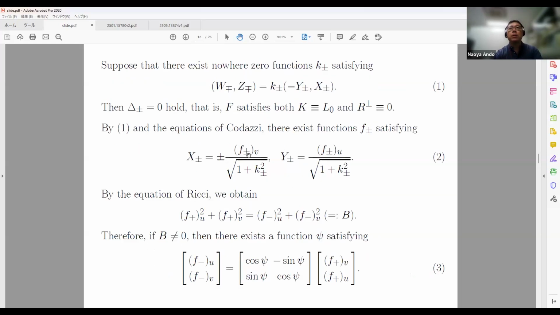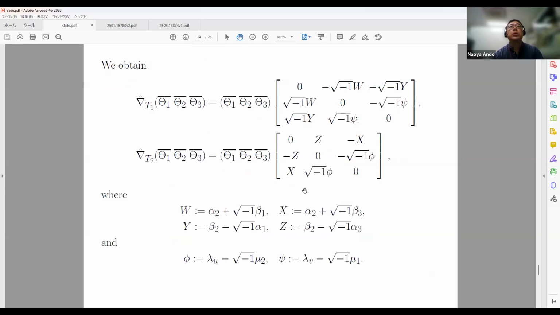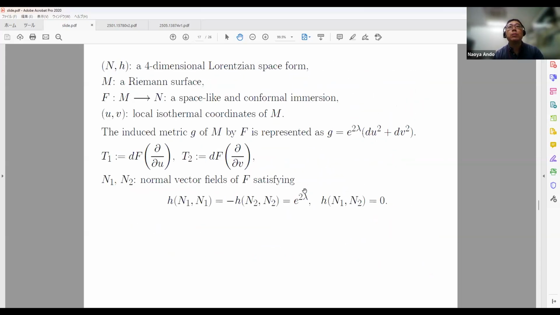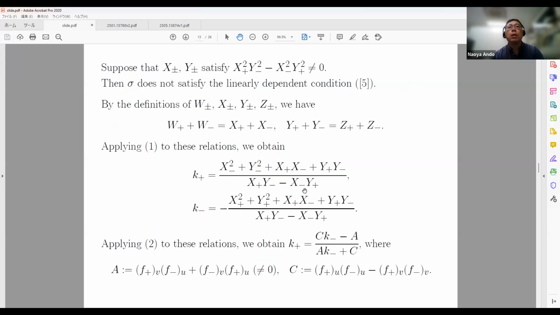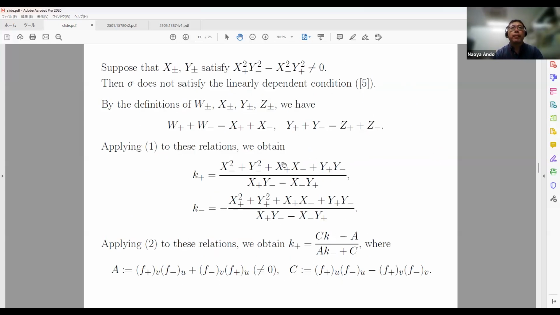Applying these relations to these relations, we obtain only one relation, this relation.